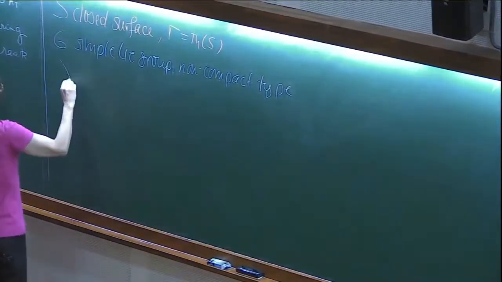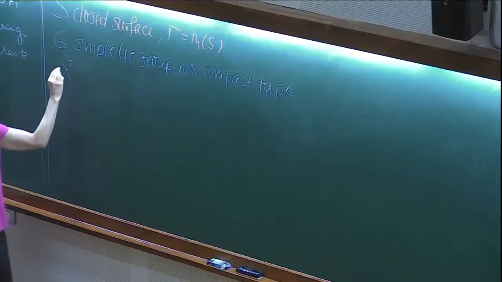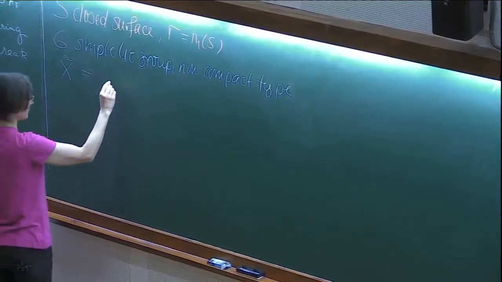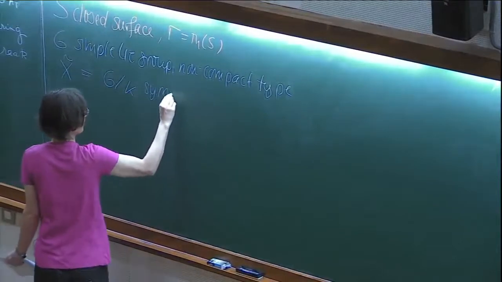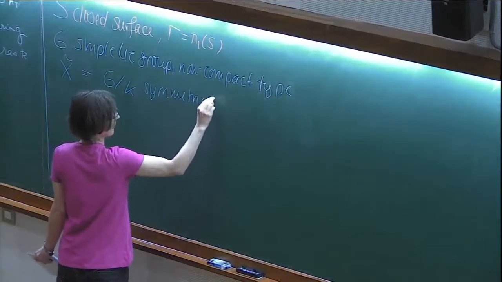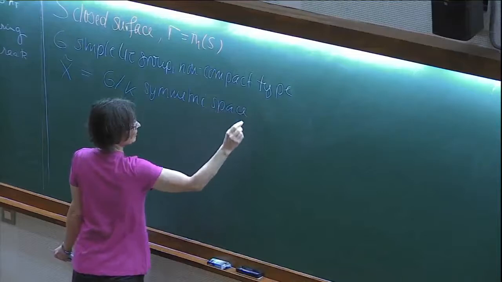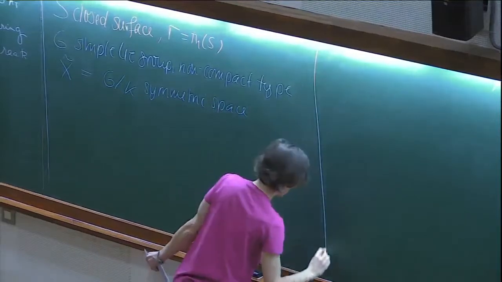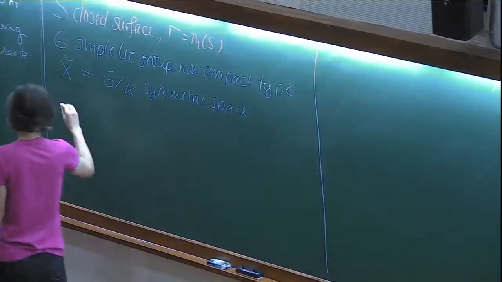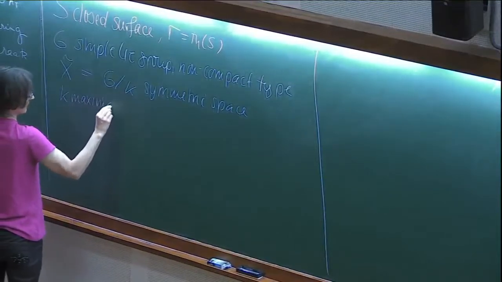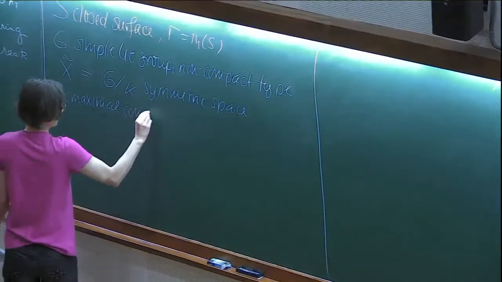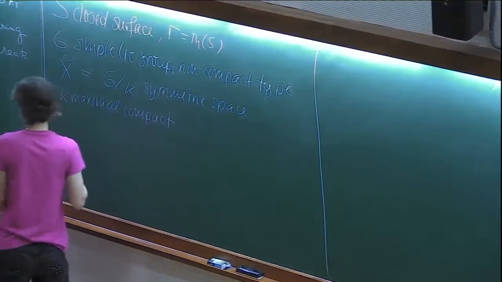Now, once we have such a Lie group, we can form the symmetric space. This is G mod K, and K is a maximal compact subgroup. This is a very nice space.